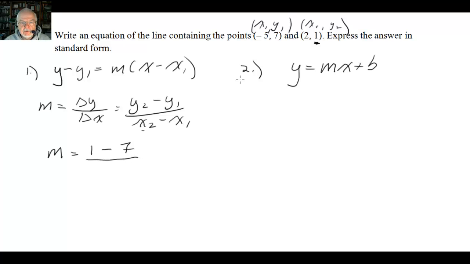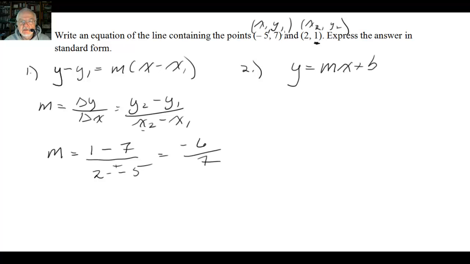What are we doing next? We're doing x2. This should have been a 2. x2 is 2. Minus x1 is minus 5. 1 minus 7 is minus 6. 2 minus minus 5, that's a plus. 2 plus 5 is 7.